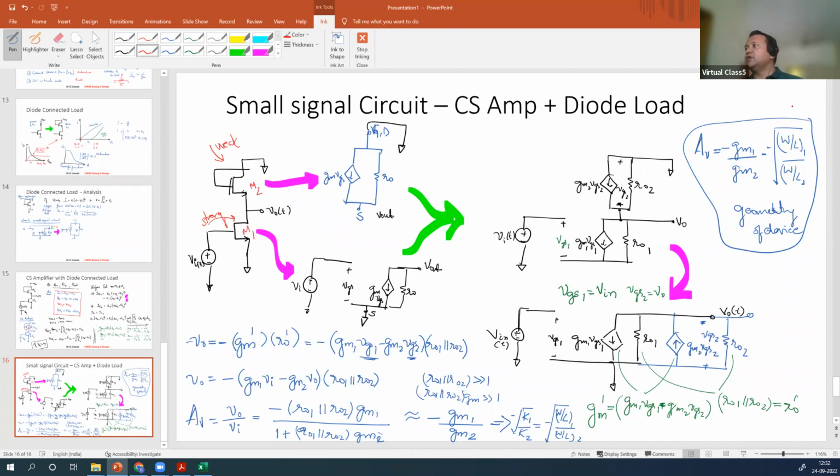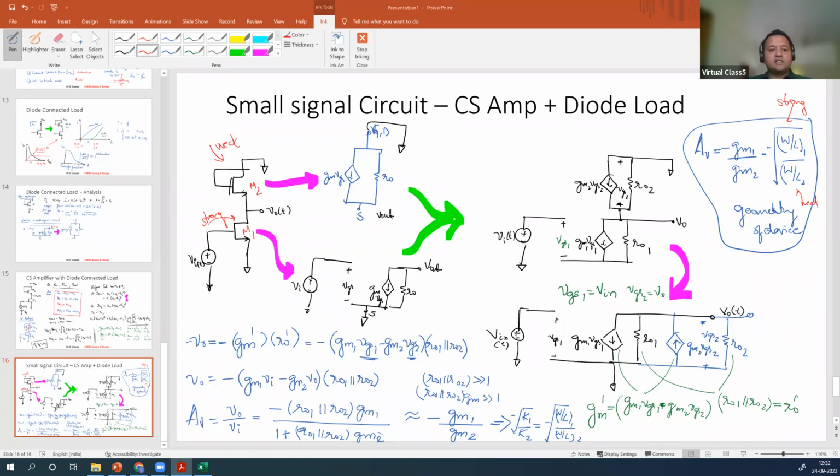M1 is strong saturation, M2 is weak saturation. So this will be a strong device, weak device, and it will give you high gain. So strong device over weak device, you get a high gain.